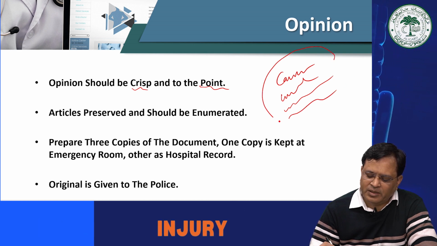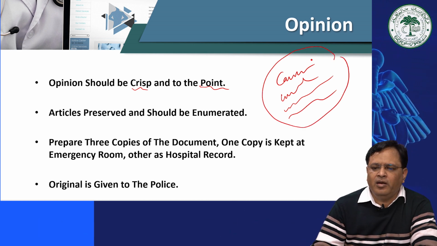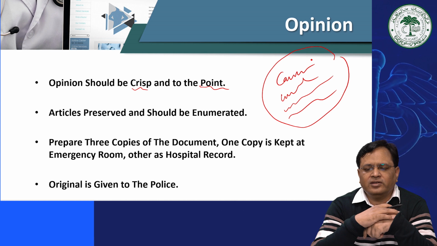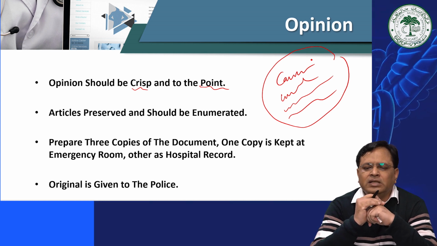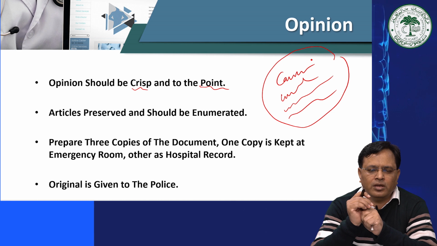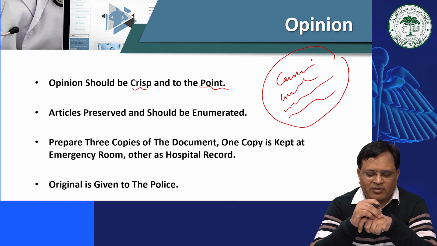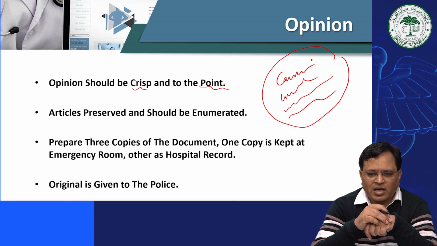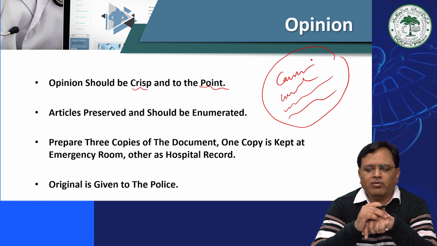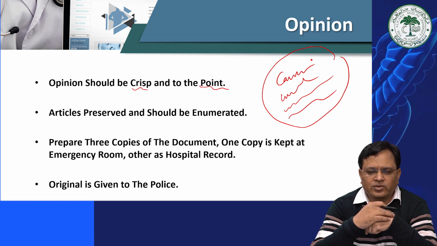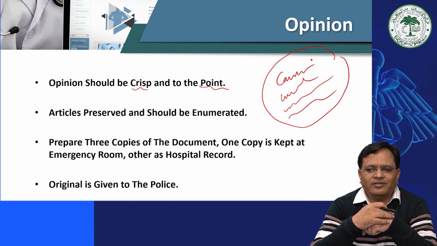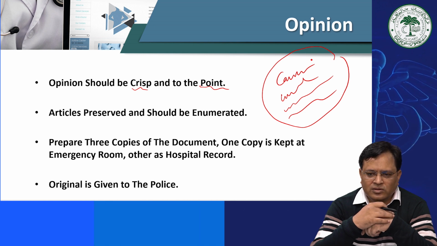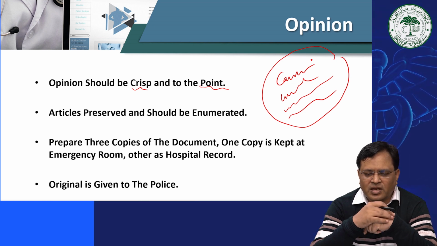These vague terms should always be avoided, because if as a doctor we are not able to evaluate it, we should further evaluate it. If you are not able to give the opinion, we should upgrade our skills in examination, but we should give something to the police and the judiciary, so that they can act upon that, and they should have trust in sending patients for examination.